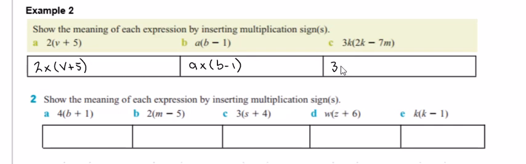We have 3k, so that means a times sign there. We need a times sign between the k and the bracket because there's nothing there. Inside the brackets we need a 2 times k, and we need a final one between the 7 and the m.